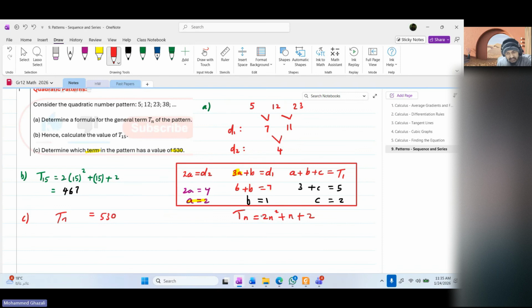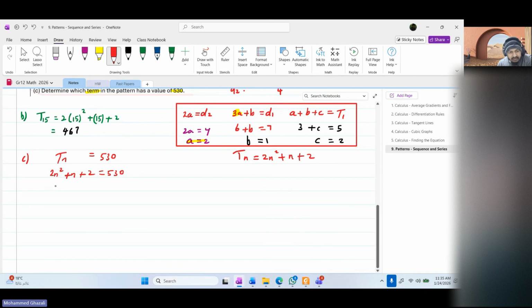And what is Tn? 2n squared plus n plus 2 is equal to 530. Bring the 530 over. You get 2n squared plus n minus 528 is equal to 0, because you will say 2 minus 530.